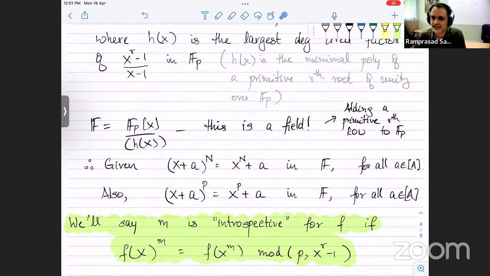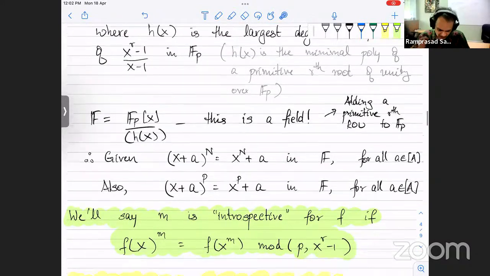In some sense, I would like to say that capital N is introspective for polynomials of the form x plus a, and p is also introspective for polynomials of the form x plus a. This is the data that I have, and I want to somehow say this means a bunch of other things happen, and at some point an impossible thing will happen. So this is the definition of what introspective means. It just means that somehow m goes inside the bracket when you look at this modulo p and x to the r minus 1.